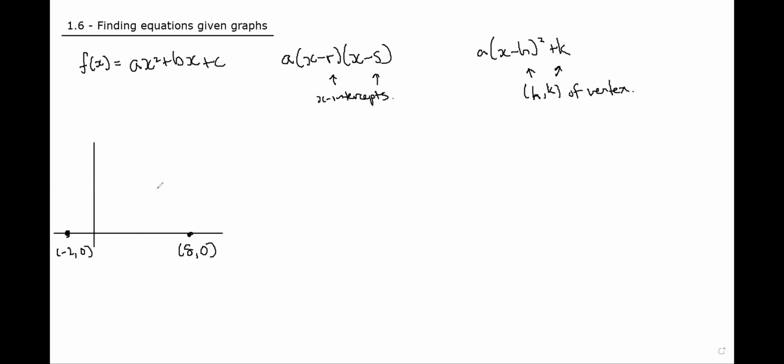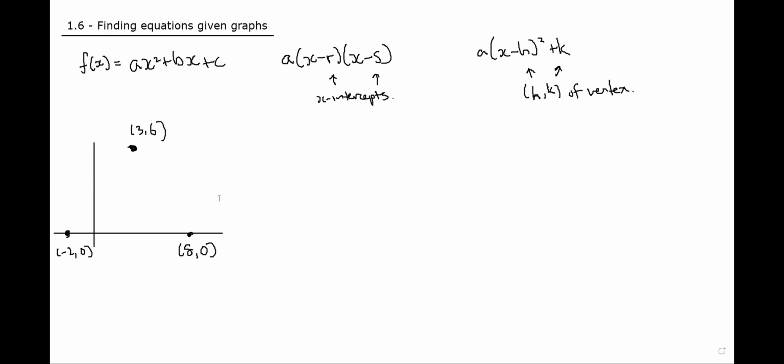And then we had a random point. Give me a random point. 3, 6. Oh, you gave me vertex. Okay, that's fine. Let's pretend that's 3, 6. But let's pretend we don't know that's vertex. It doesn't matter. It could be any random point.